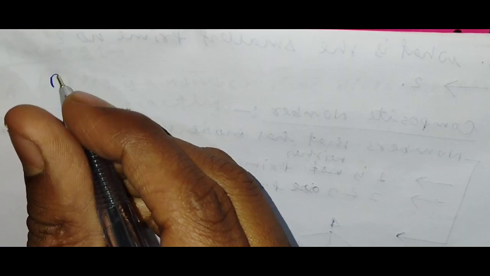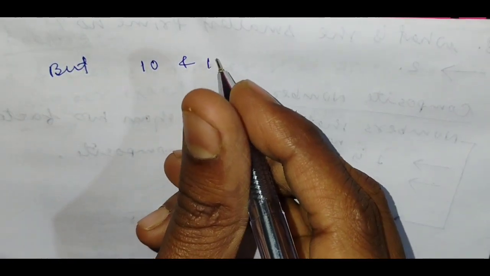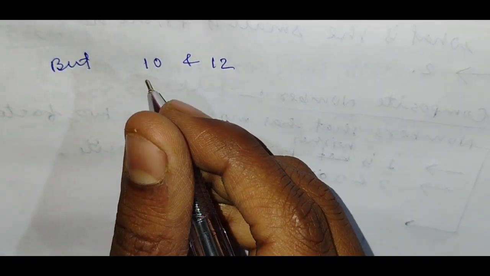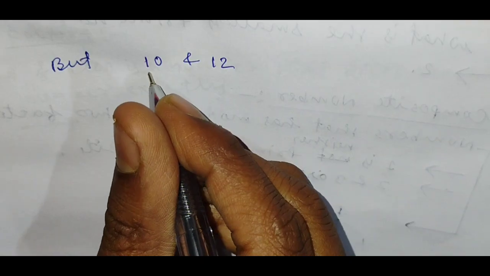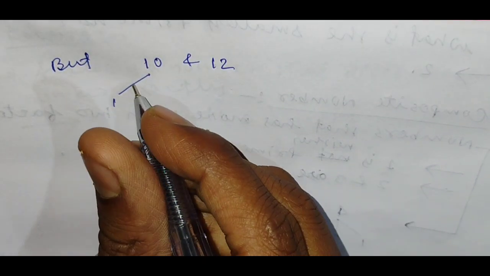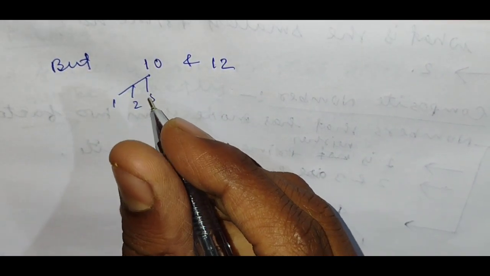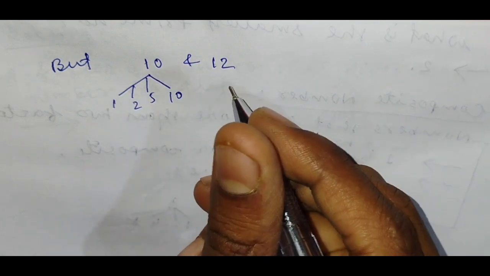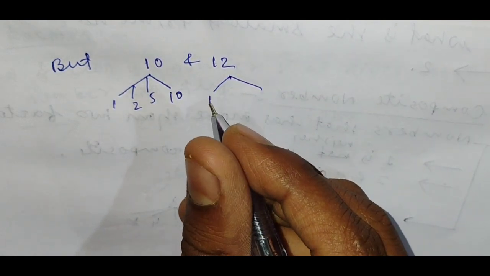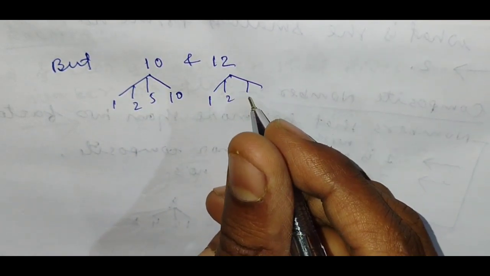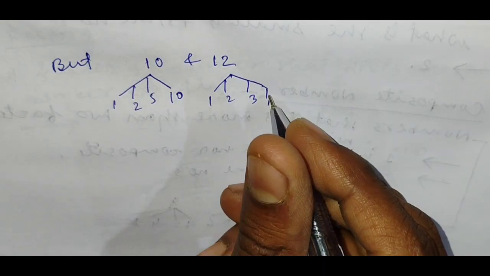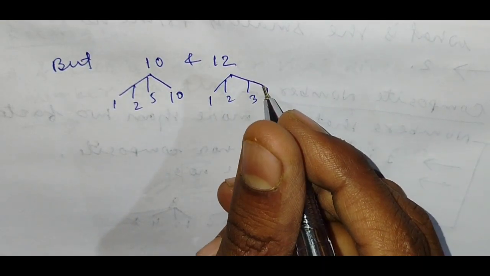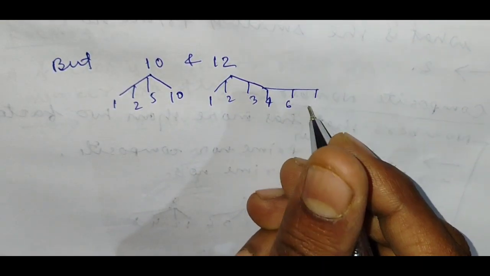But if I write 10 and 12, the factors of 10 are 1, 2, 5, 10. The factors of 12 are 1, 2, 3, 4, 6 and 12.